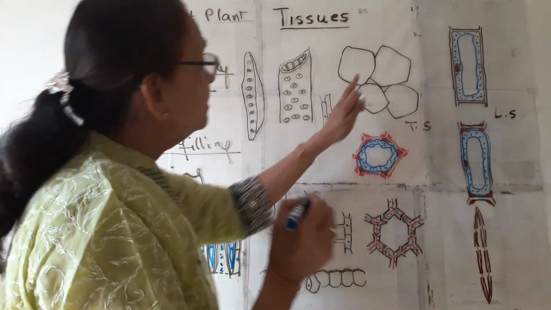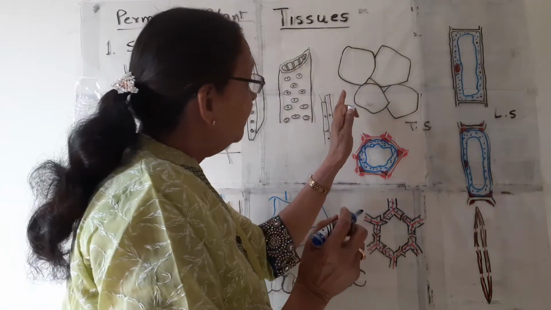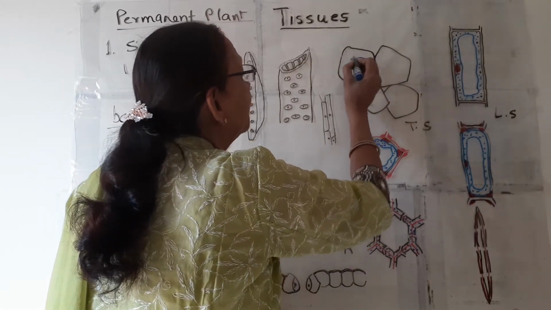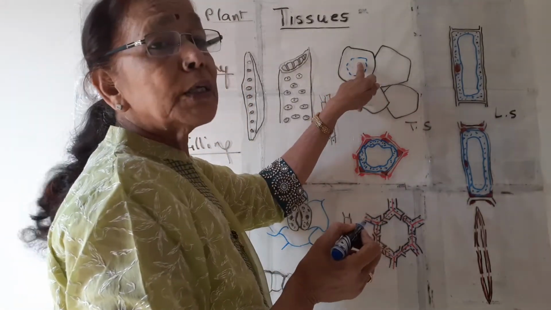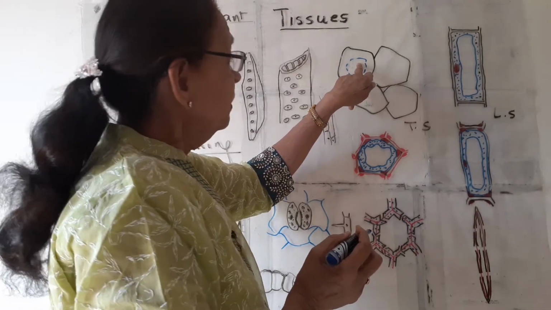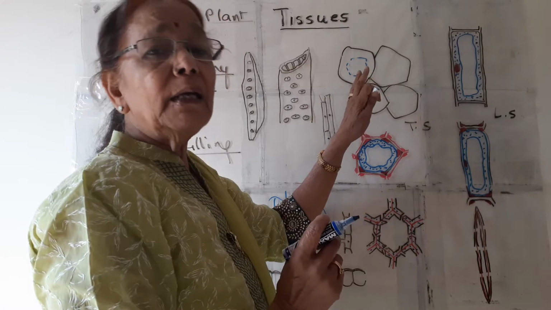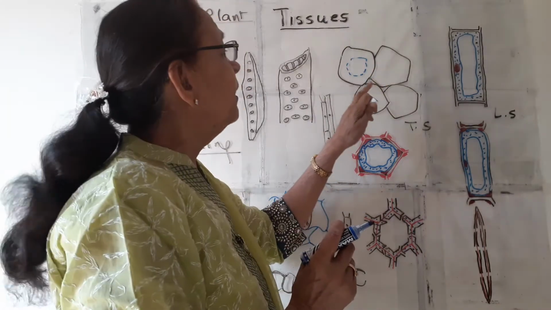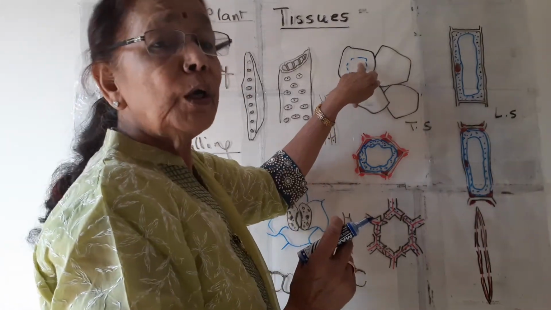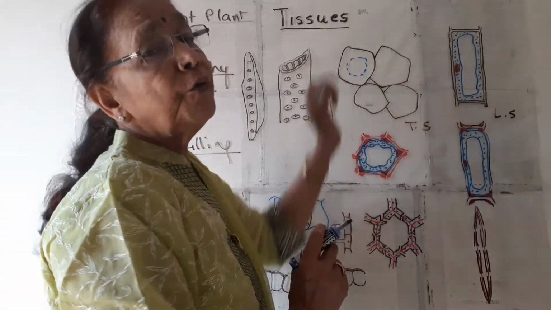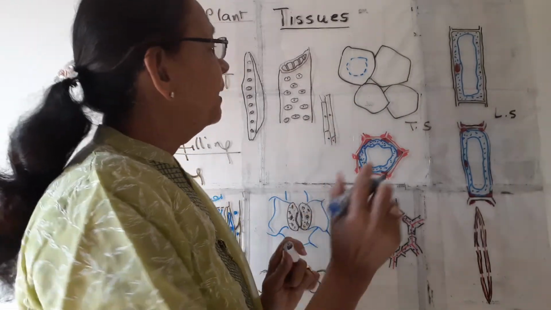The wall is thin. Third, they have a vacuole which stores food. So their function is they form the packing material, they support the plant body, and they store nutrients and other metabolites in their vacuole. So this is parenchyma.